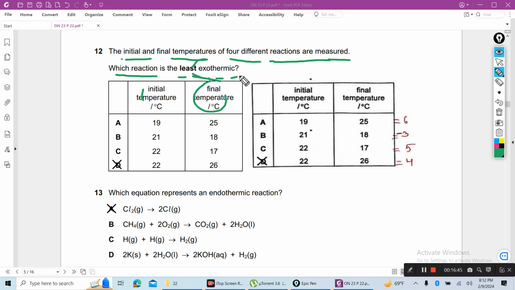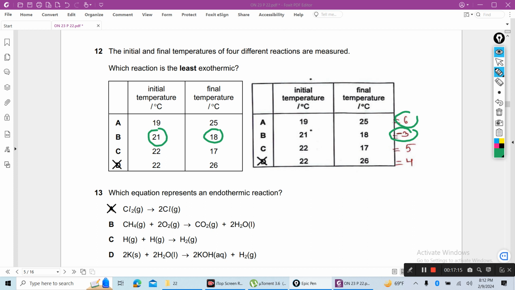Exothermic means heat is produced. So here the final temperature 25 minus 19 is plus 6 degrees centigrade, the temperature increases. Now the final temperature 18 minus 23 is negative 3, this means it absorbs, not produces heat.